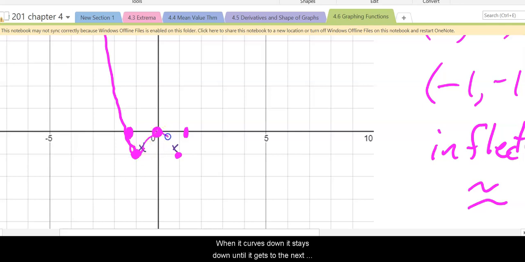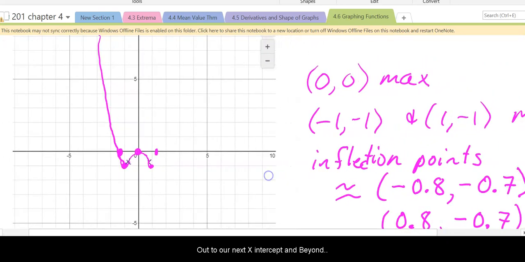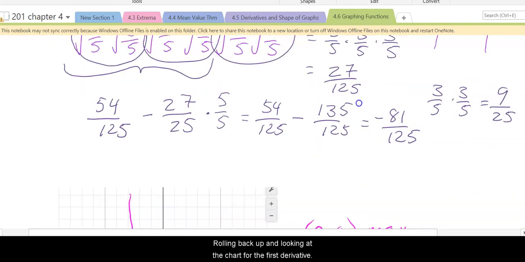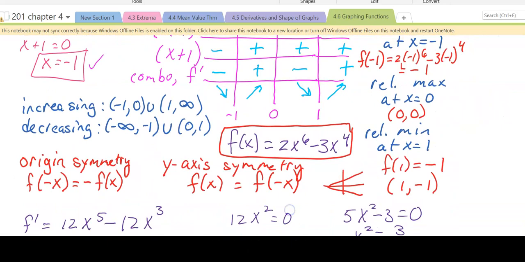When it curves down, it stays down until it gets to the next inflection point, and then it bends to go up again. What about after that, between 1 out to our next x-intercept and beyond that? Scrolling back up and looking at the chart for the first derivative, I can see that from 1 to infinity, it continues to increase forever.